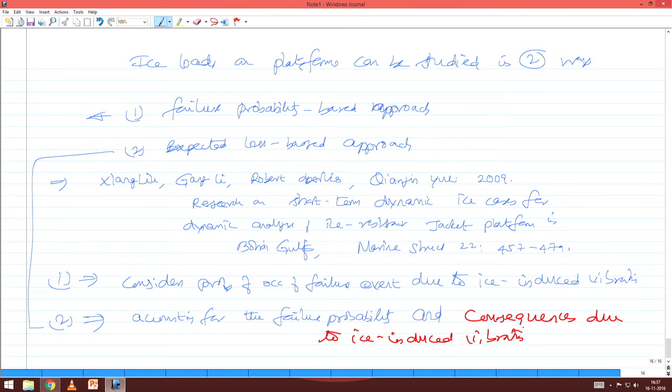So, the authors have discussed excellently the comparison between these two approaches. I would like to request the readers to look into this paper and gain more information about the case study developed by the authors on a jacket platform in Bohai Gulf.